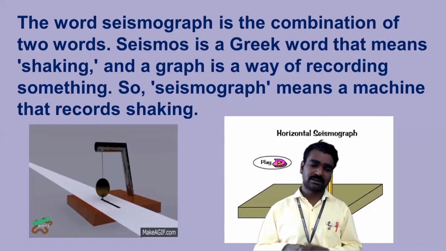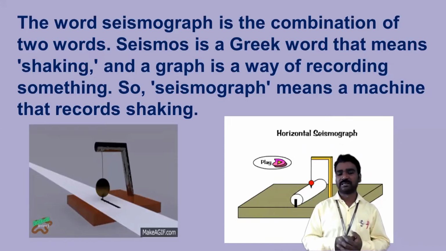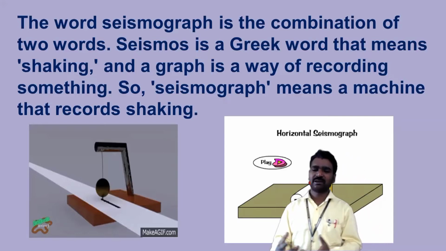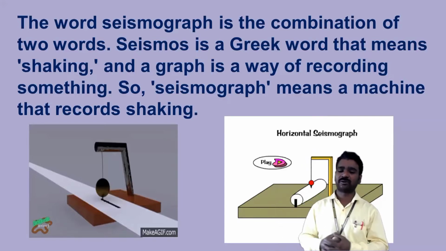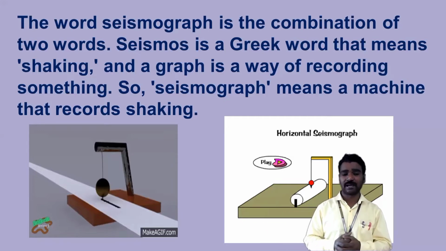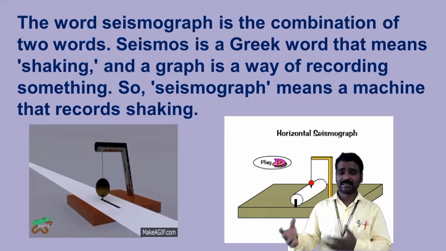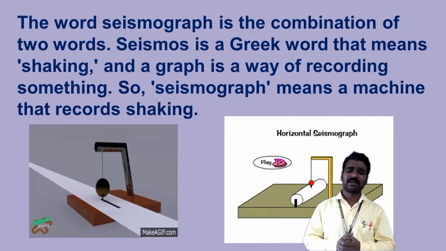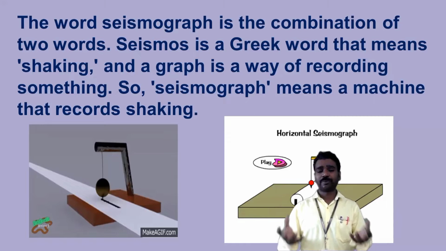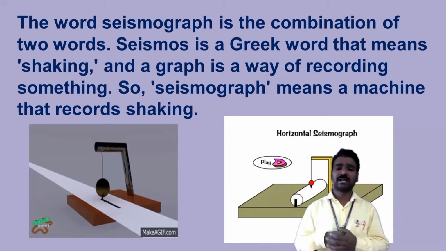The word seismograph is a combination of two words. The English language has derived many words from various different languages. Some are from Marathi, and some are from Hindi, Sanskrit, and other regional languages. This word has derived from the Greek language.